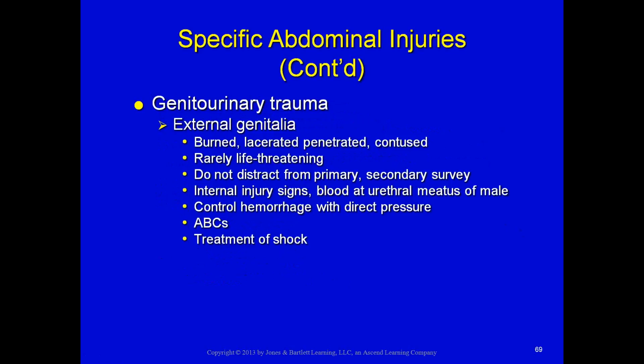I had a gentleman put a pencil in his penis. For what reason, I don't know, and he slid down a banister, and when he hit his crotch on the ball at the end of the banister, the pencil broke and lacerated the urethra. And of course, he was hemorrhaging out of the penis, so I had my partner grab direct pressure and hold pressure until the bleeding stopped.